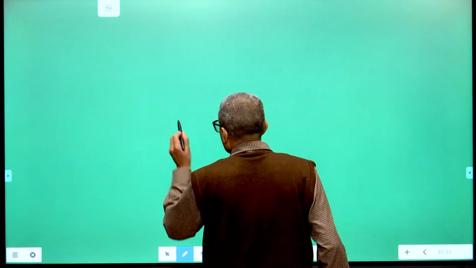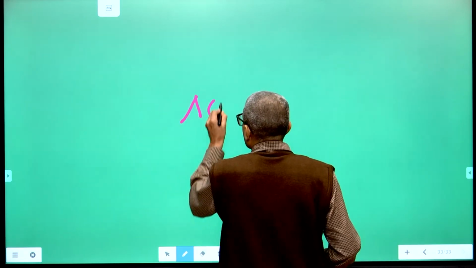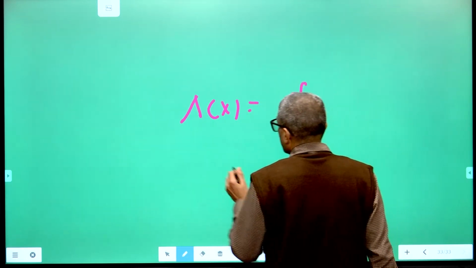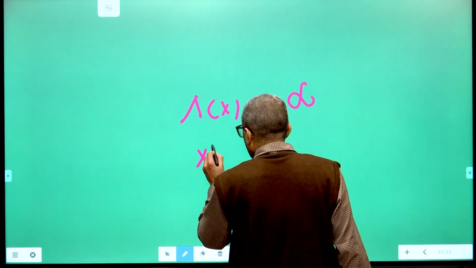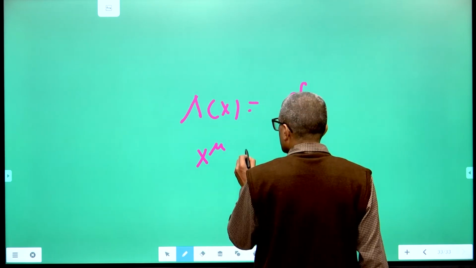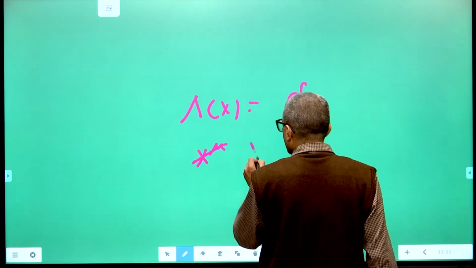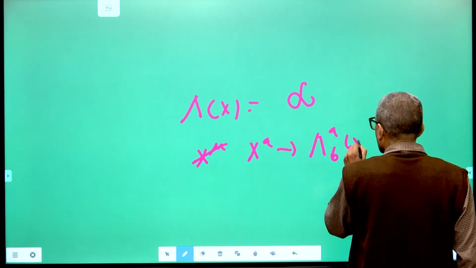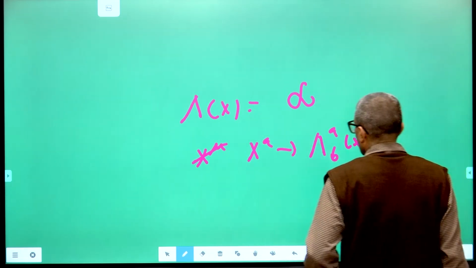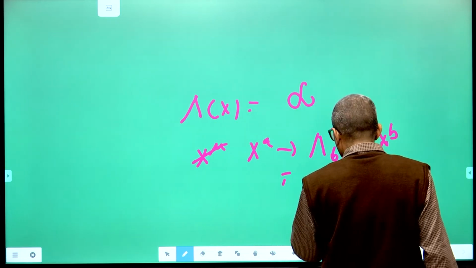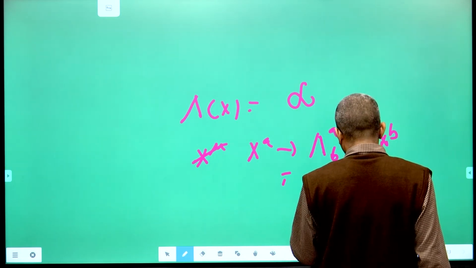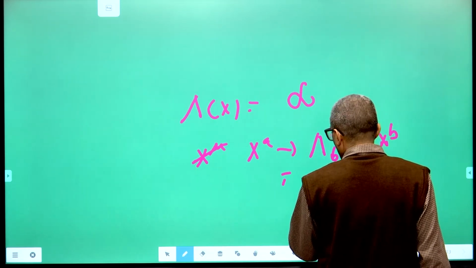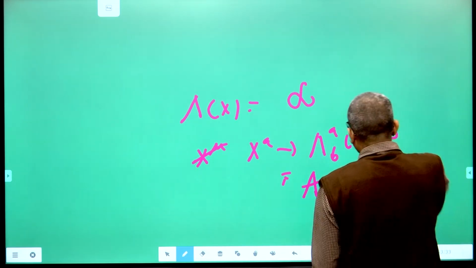That means if you take a local Lorentz transformation Λ(x) belonging to the Lorentz group, then under this local Lorentz transformation, what happens to x^A? x^A goes to Λ^A_B(x) x^B, or I can also write this with the index brought down.